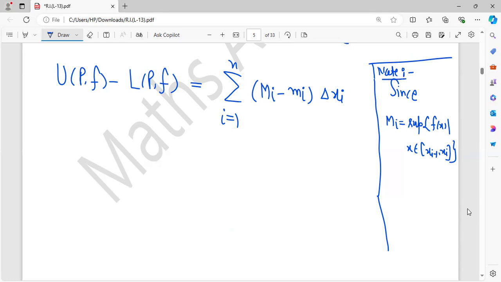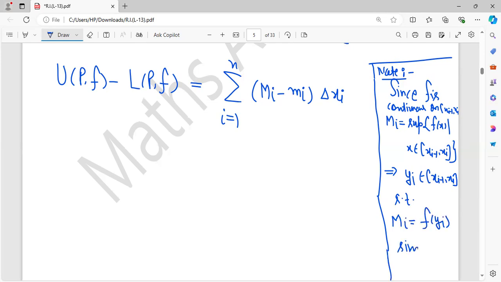So since F is continuous on this interval, there exists y_i belongs to [x_{i-1}, x_i] such that capital M_i is equal to F(y_i).